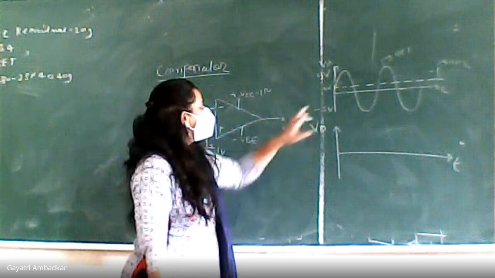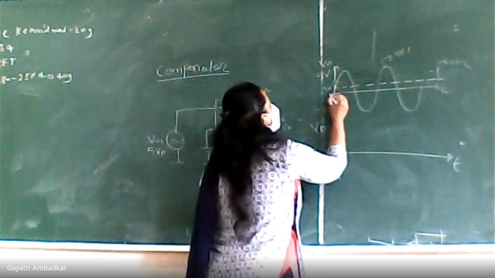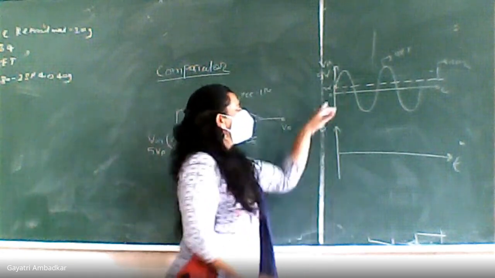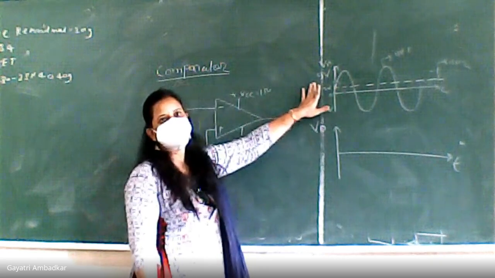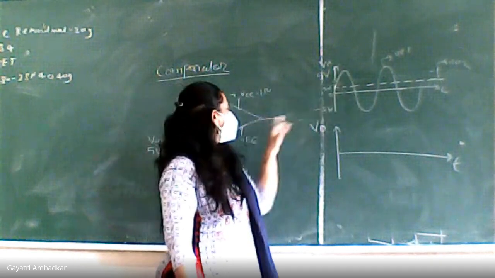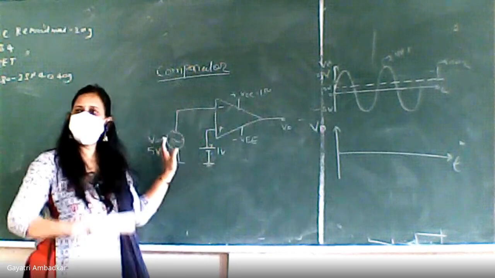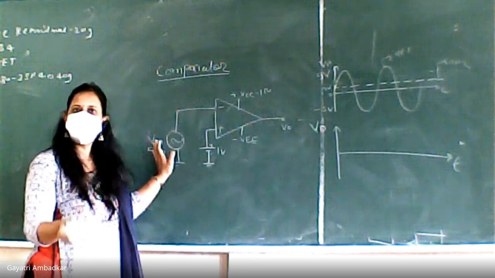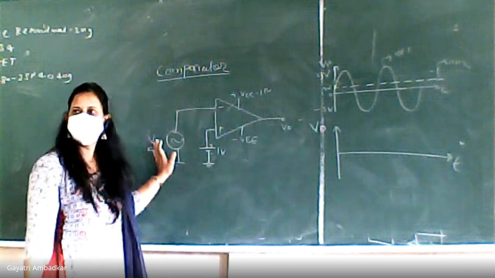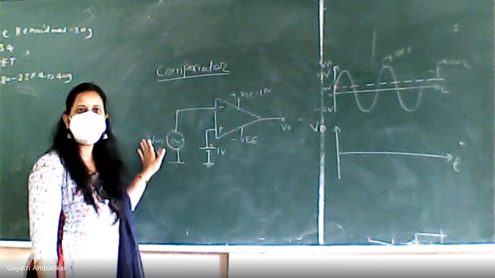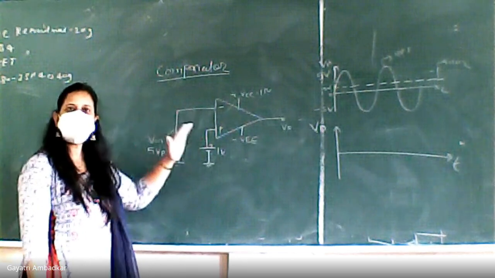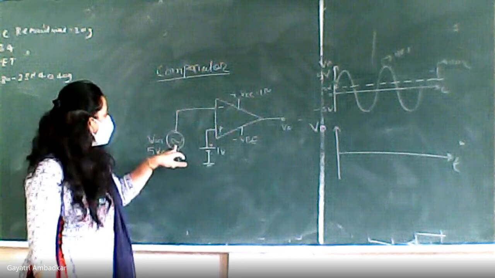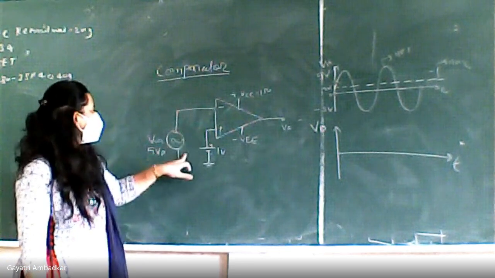Okay. Now I will say this is 0. From 0, 0.1, 2, 3, 4 up to 1 volt. One input is changing from 0 to 5 volt, 5 to 0, 0 to minus 5 to 0 continuously because it's an alternating signal, and the other is constant. So from 0 to 1 volt, okay.